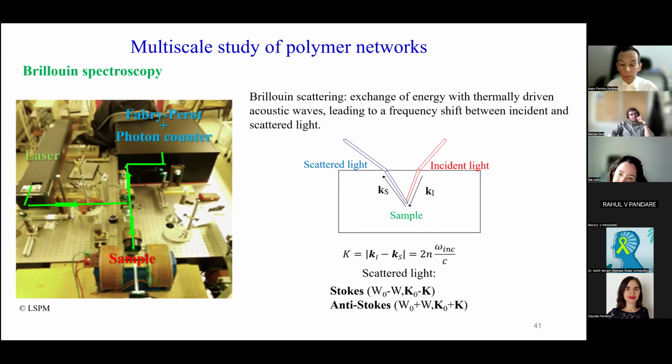And now, Brillouin spectroscopy, if you want to investigate the viscoelastic properties around gigahertz. Just a few words about it. For the experimental setup, you have a laser and the sample. It is an interferometric experimental method, so you measure the backscattered light recorded in a Stokes and anti-Stokes region with a positive and negative shift.